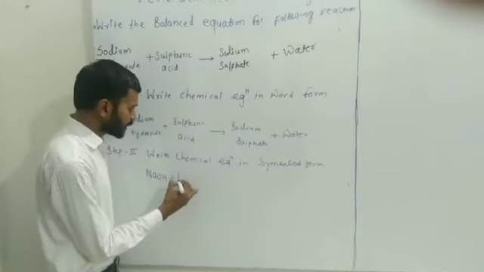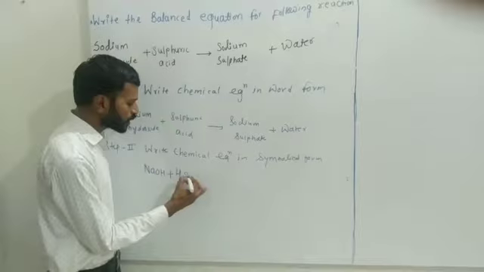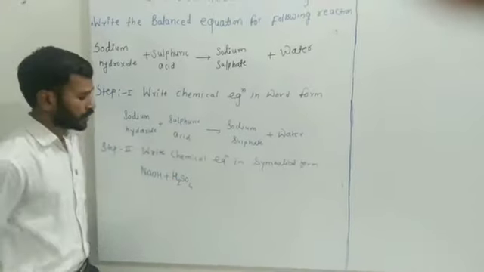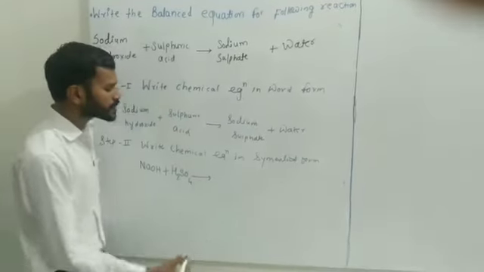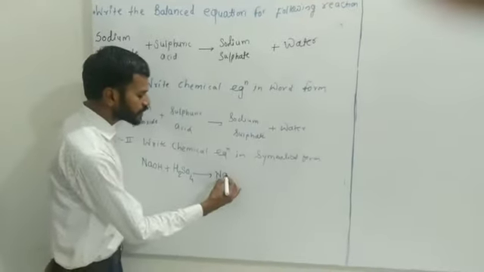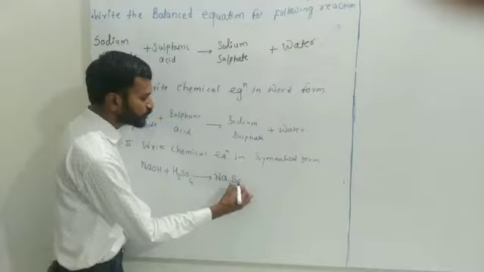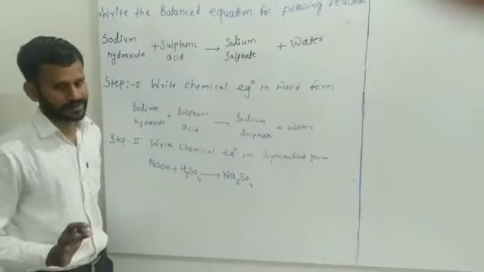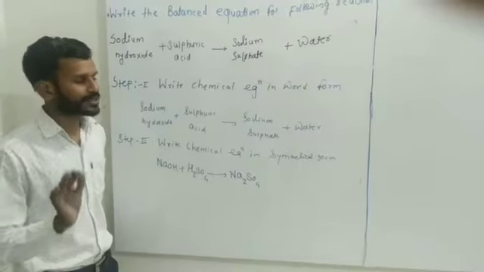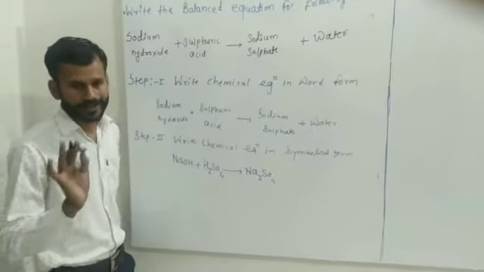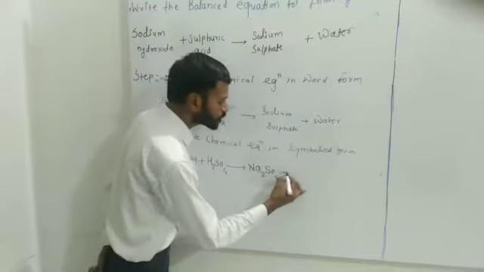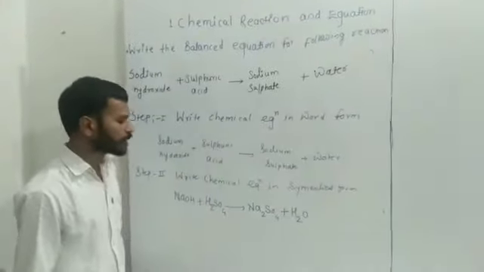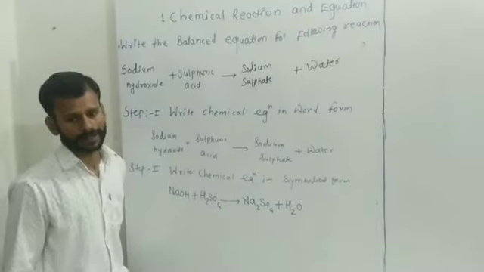Sulfuric acid is represented by H2SO4. Sodium sulfate is represented by Na2SO4. And what remains is water. Every student knows the chemical formula of water. It's very simple: H2O.